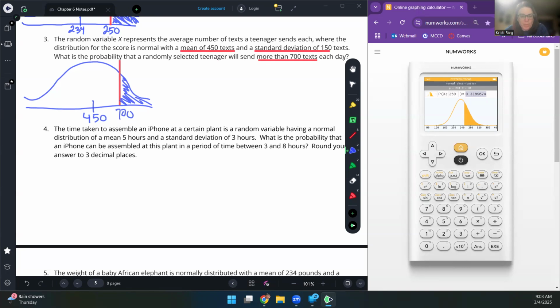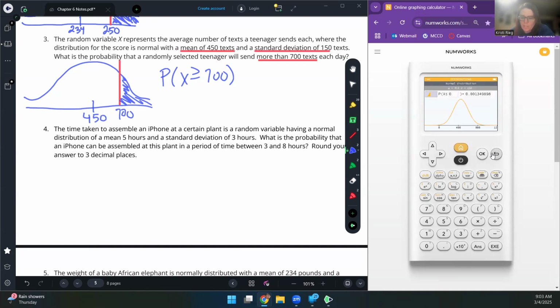Okay, so the probability, and it says more than 700, so greater than or equal to 700. I go over here. My mean is 450. The standard deviation is 150. So even though 700 is far away from 450 when you count by ones, not really that far away when you're counting by 150.